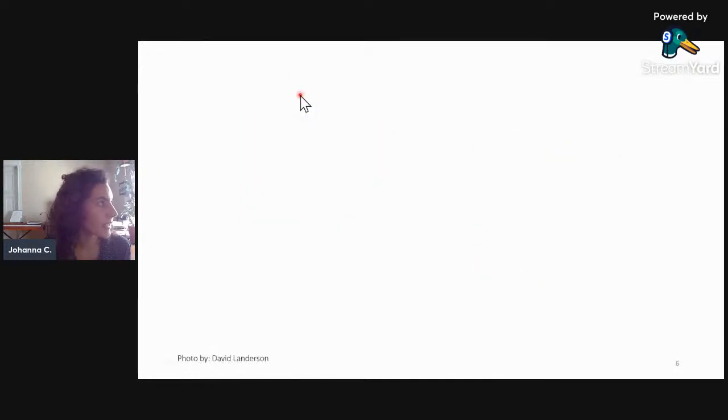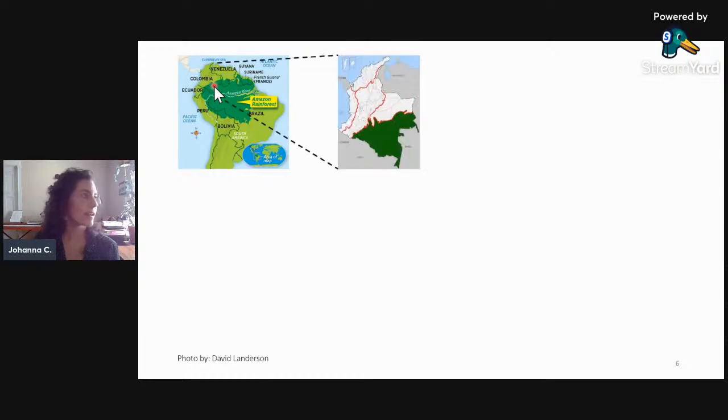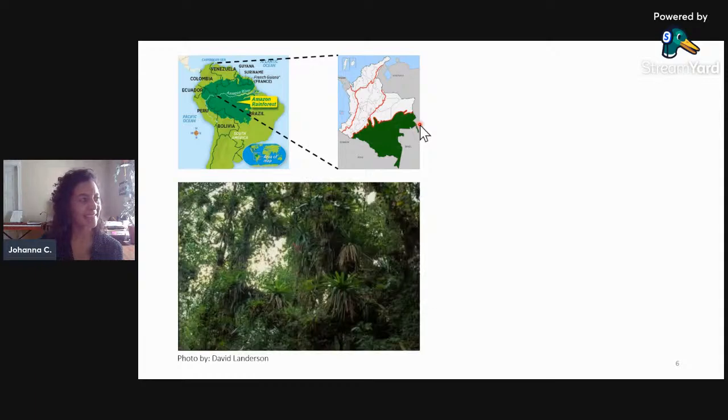So I was born in Colombia, just here. Colombia is in South America. A third of the country is actually part of the Amazon rainforest, and I guess you're very familiar with the Amazon rainforest. And this is just a typical photo of the tropical rainforest, as you can see here. Most of it is green.